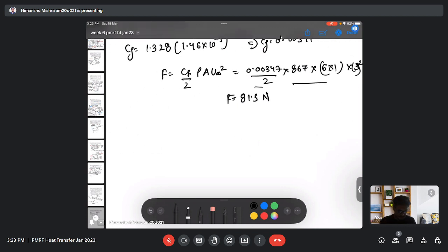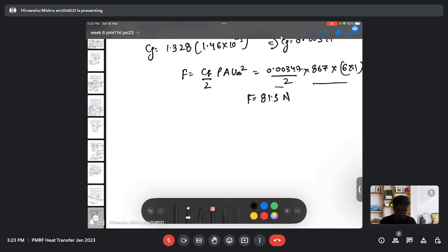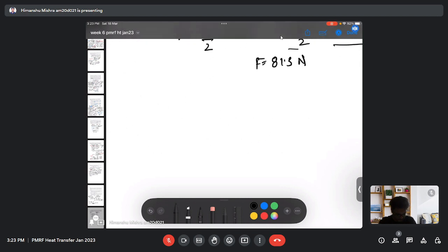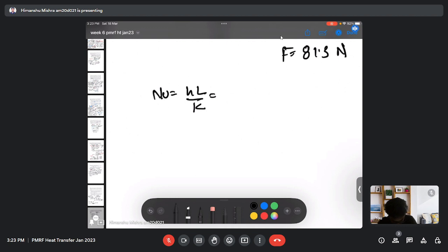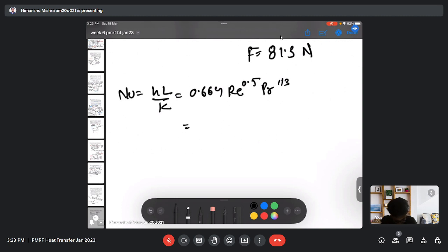Now, from last week, we have solved a couple of problems based on the laminar flat plate, and we know that in order to find the heat transfer, we need a proper correlation of the Nusselt number, and then we can find the heat transfer coefficient from that Nusselt number correlation. So for the laminar flat plate, my Nusselt number will be given as, so we know the Reynolds number and Prandtl number.